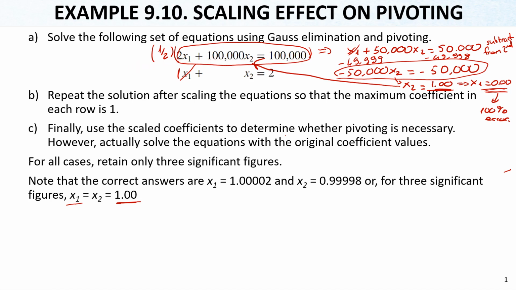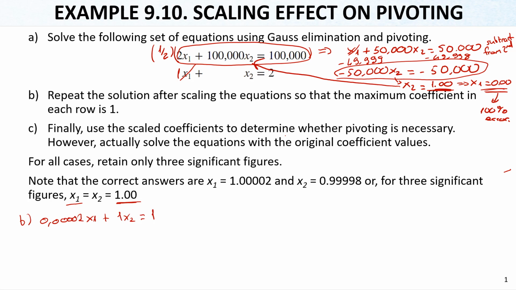For part B, the first equation, dividing by 100,000, gives us 0.00002 x1 plus 1 x2 is equivalent to 1.